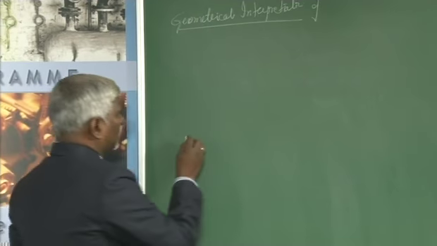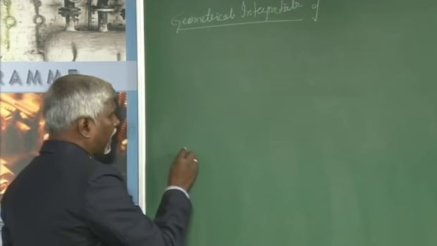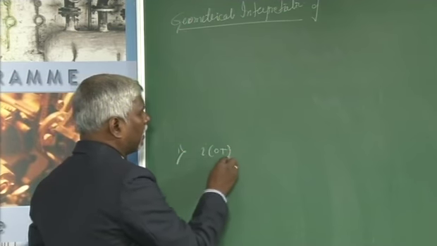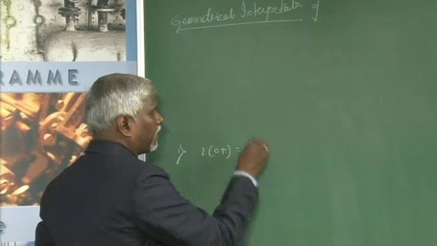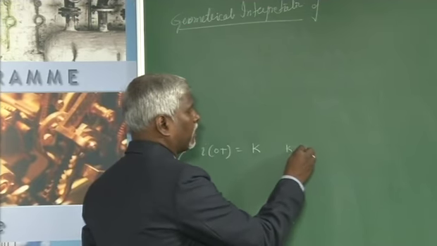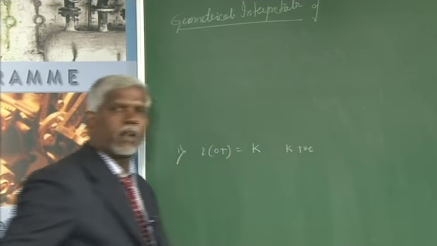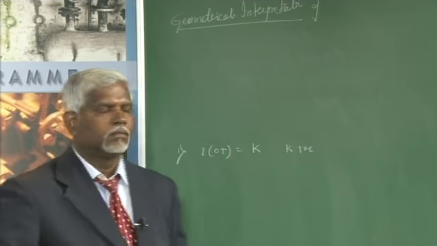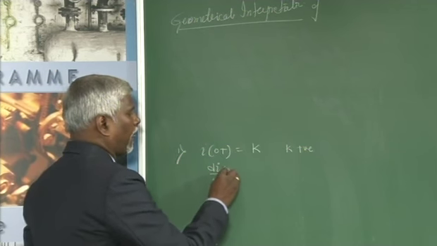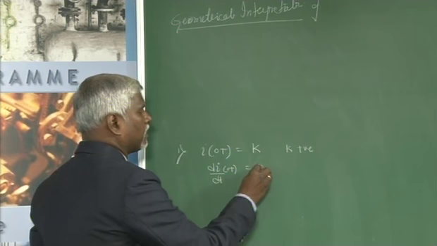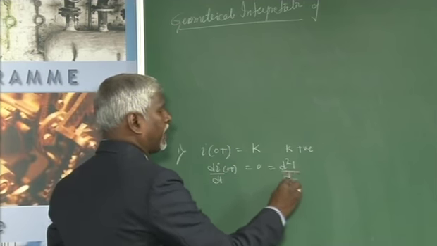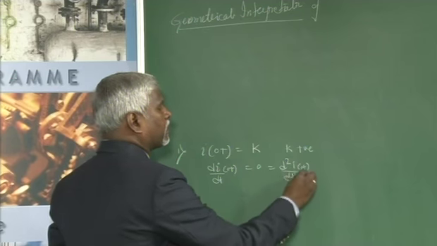I will give one example. If I at 0 plus is k, where k is a positive value, the derivative of this current di by dt at 0 plus is 0, and the second derivative d squared I by dt squared at 0 plus is also 0.